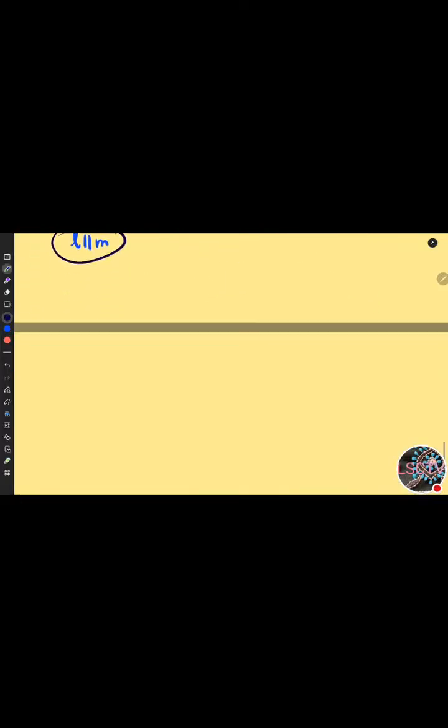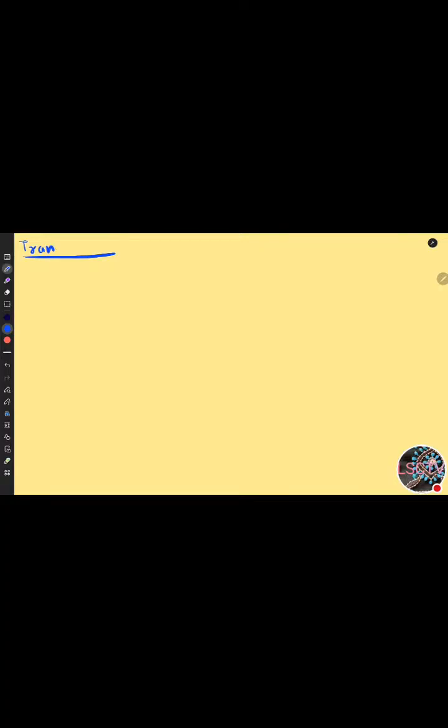Now, we are going to study about transversal, which may not seem related to parallel lines at first, but when you study into angles, it will be. Now, let's say we have any two lines.